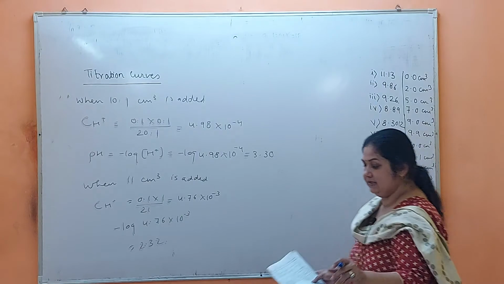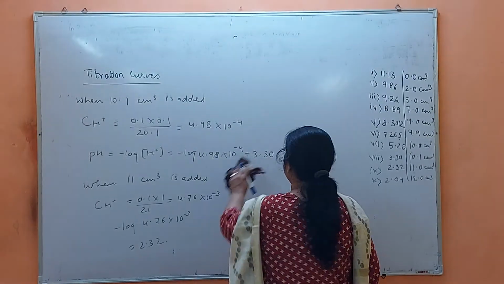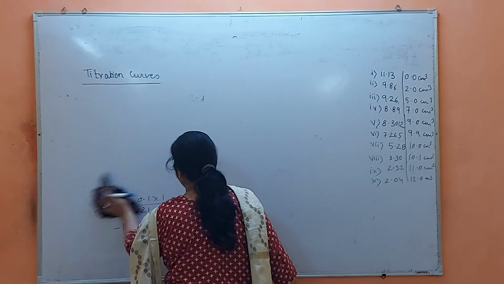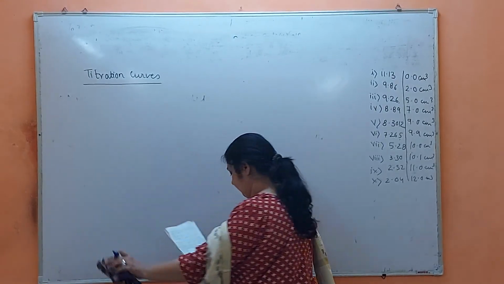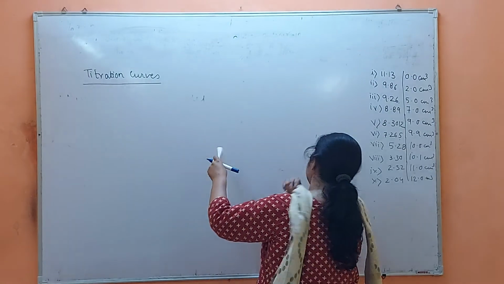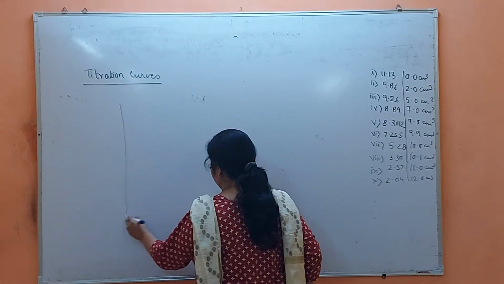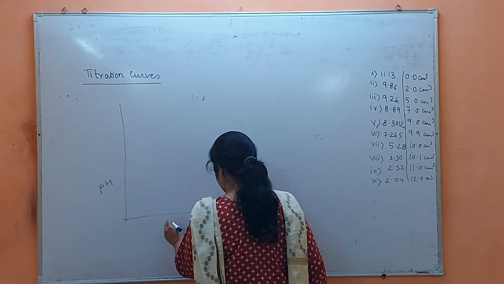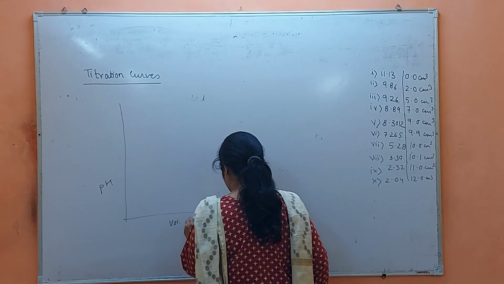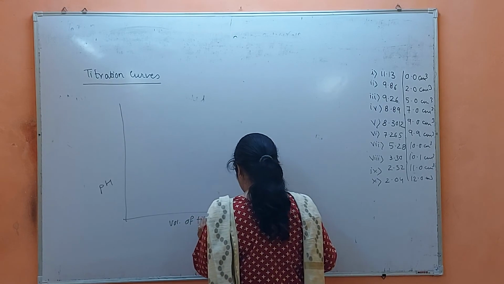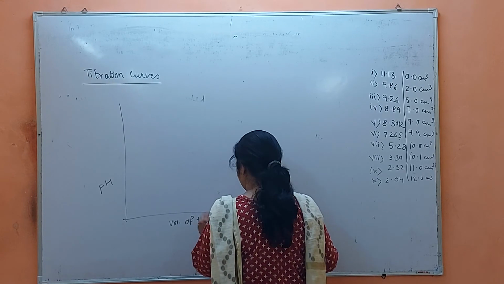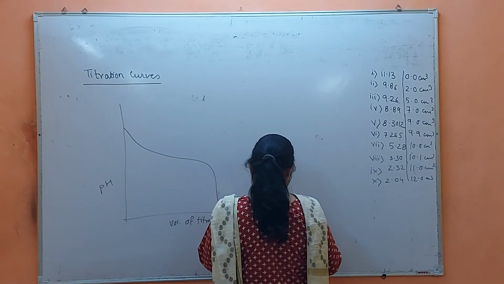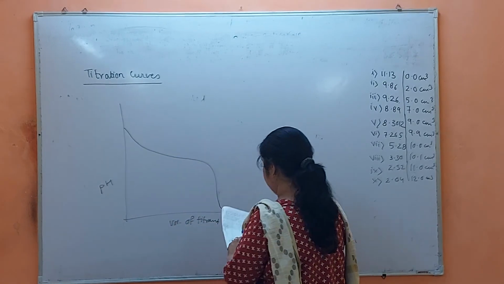Now we can easily plot. We have made a table of pH versus volume of titrant added. We will take pH on the y-axis and volume of titrant added on the x-axis. So it comes out to be somewhere in this shape.